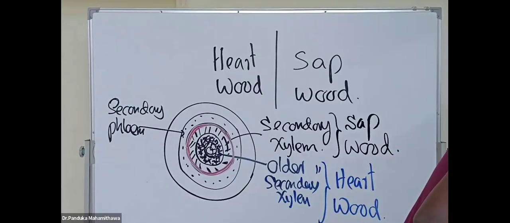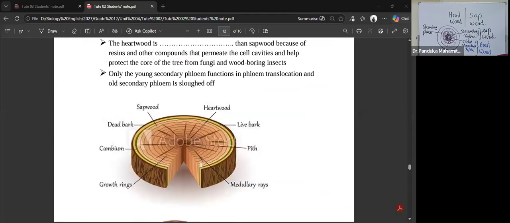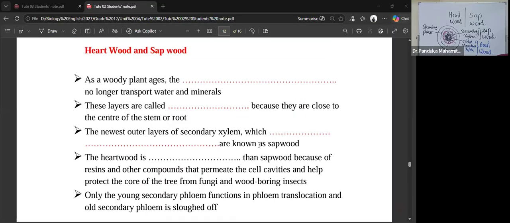Shall we fill that part in the note? Sir, should we note it?